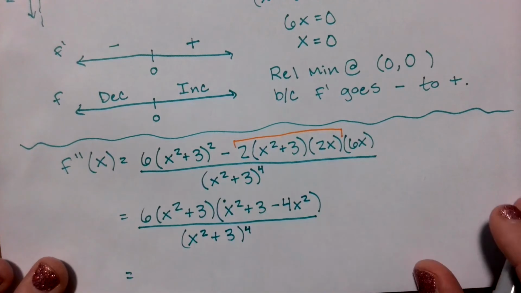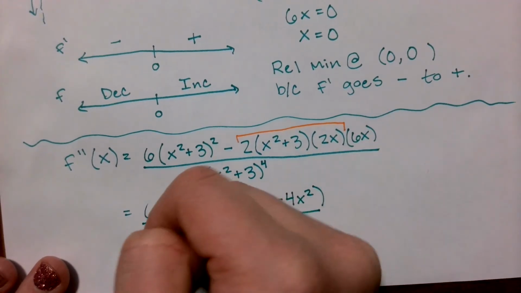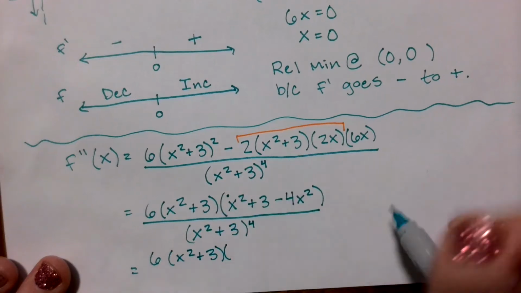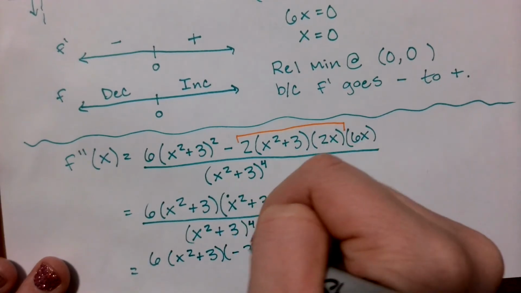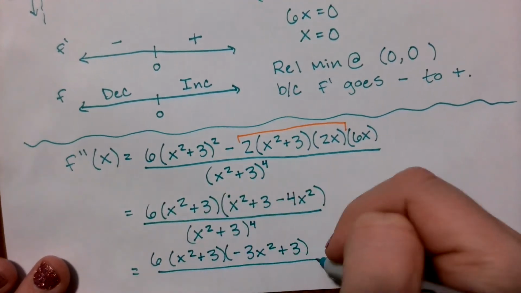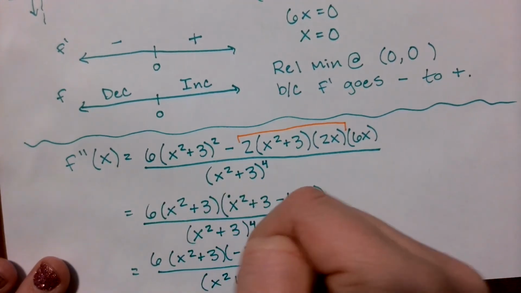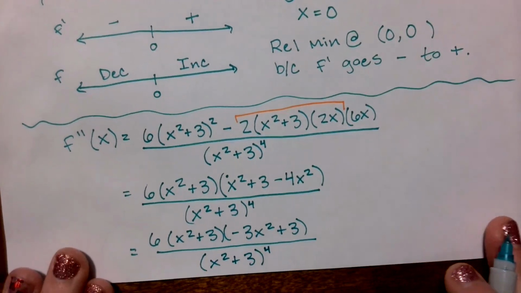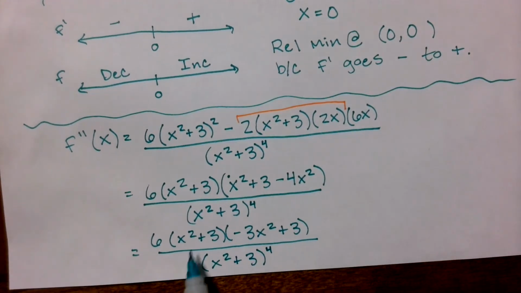One more simplify here. You guys may have done it all in one step. You're so smart. To the 4th. And it looks like once we have it in factored form, we can actually cancel one of these x squared plus 3's.